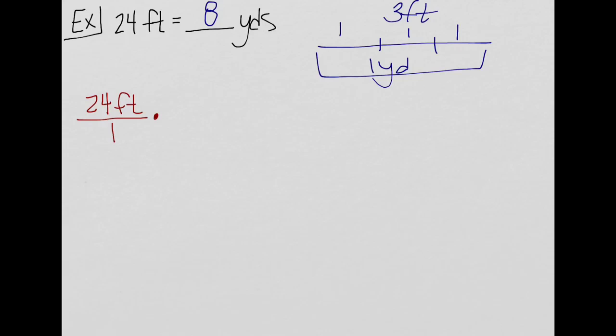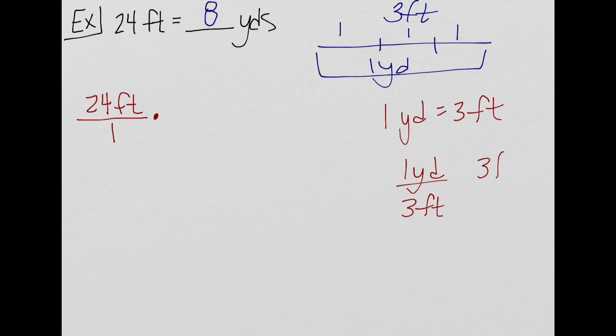So I'm going to write some over to the side here. I know that 1 yard is equal to 3 feet. Well, that's my unit rate, because it's going to convert me from what I have, feet, into yards. But I need to know in a fraction form whether I need 1 yard over 3 feet, or if I want 3 feet over 1 yard, because both of those are saying that they're equivalent, which is true.